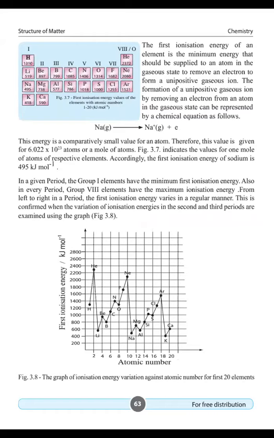Why do we define it for 1 mole? Because one atom has a very negligible amount of first ionization energy. That is why we multiply it for a large number of atoms, or a mole of atoms. You know, a dozen means 12. 1 mole means this number, the Avogadro number, 6.022 into 10 to the power 23. Mole is nothing new.